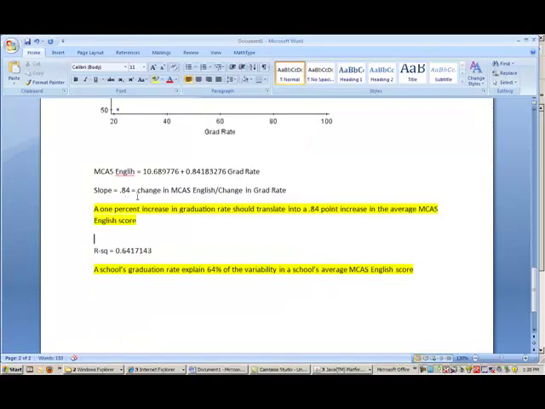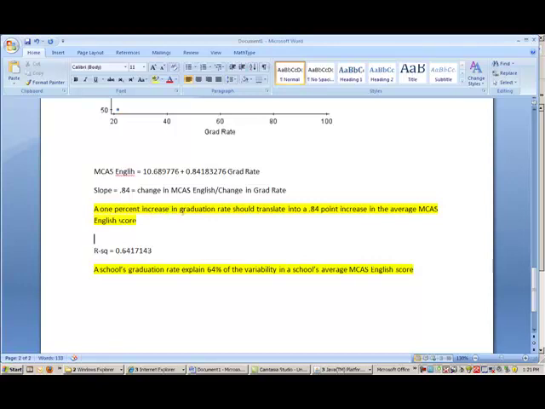I want to focus on interpreting the slope. The slope of this equation is 0.84. What does that mean in English? It's the change in the y variable compared to the change in the x variable. So the x variable is graduation rate and the y variable is MCAS English.